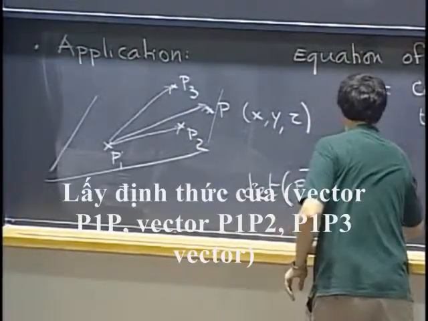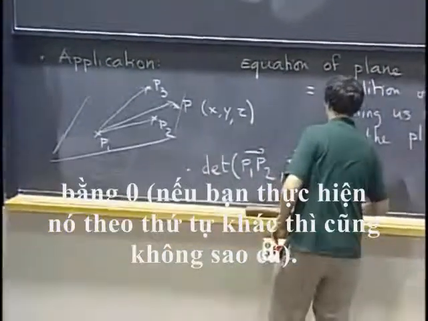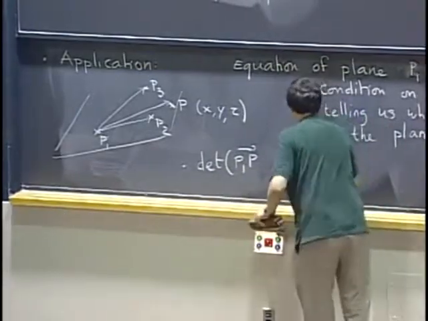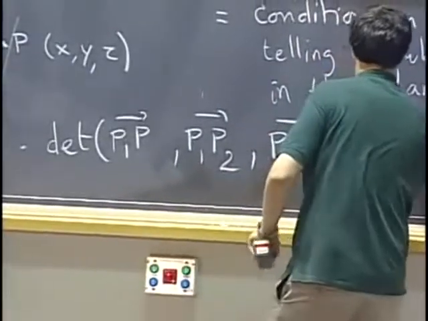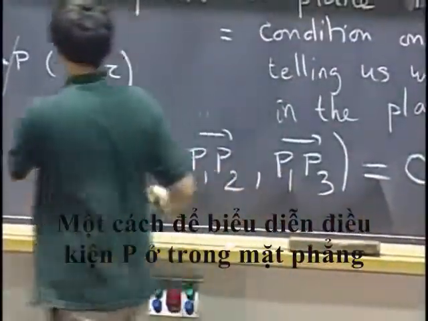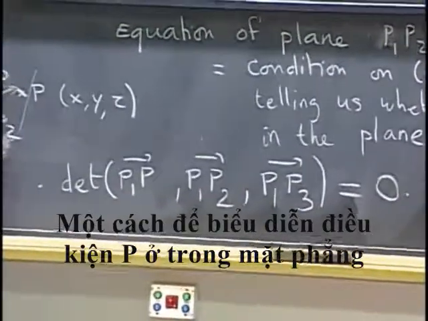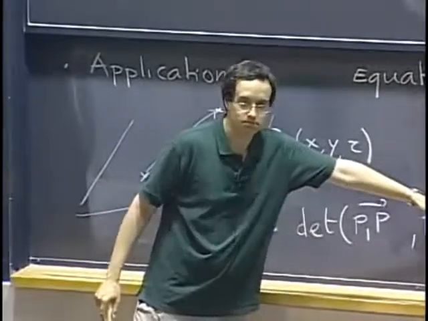Determinant of P1P2, P1P3, and, let me do it in a different order, it doesn't really matter. So one possible way to express the condition that P is in the plane is to say that the determinant of these 3 vectors has to be 0.